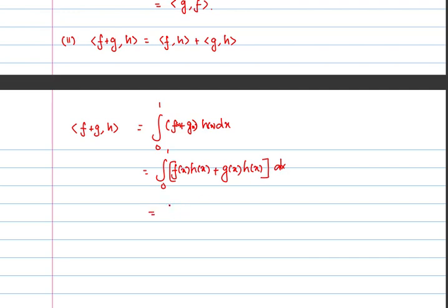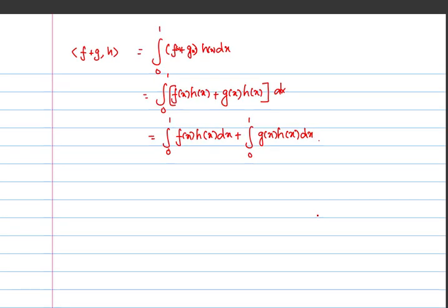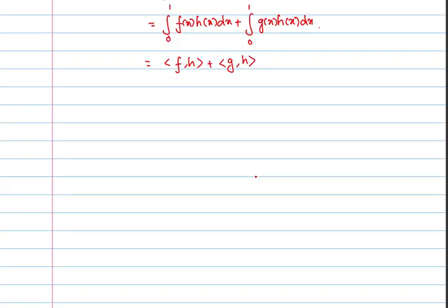Now, using the integration property, you can write it separately. So this is nothing but inner product of f comma h plus g comma h. This is what I wanted to prove. So the second axiom is also true.